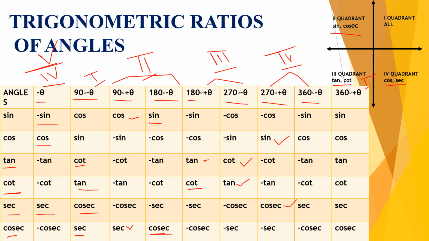For 360 degree, the values will not get interchanged. So cos and secant are positive. The remaining values are negative. Now 360 degree plus theta again comes to the first quadrant. For 360 degree, the ratios will not get interchanged. All the trigonometric ratios are positive here.